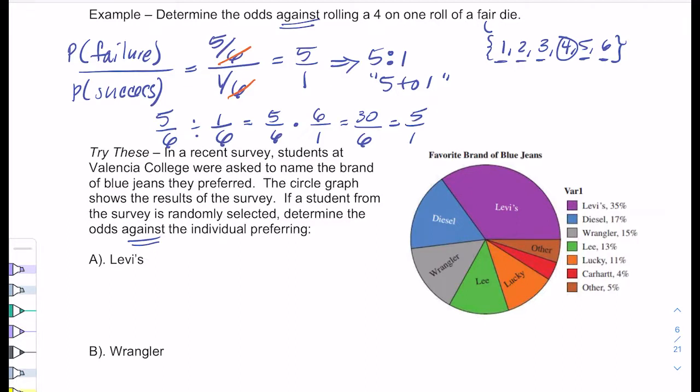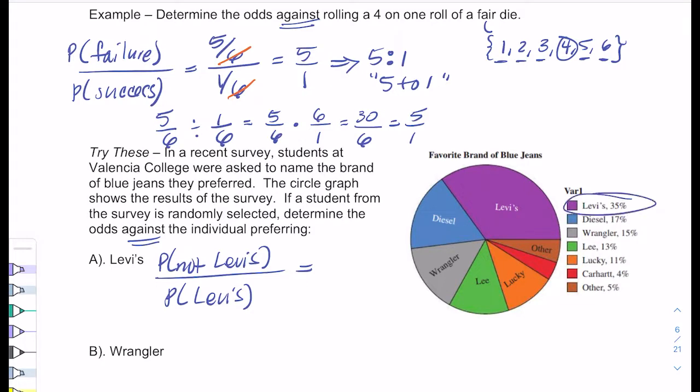Remember, I want the probability that it's not Levi's, that would be failure, over the probability that they do like Levi's. So I need to look at how many prefer Levi's. I only see 35%, and 35% just means 35 over 100. So my denominator is 35 over 100. What's the probability of not preferring Levi's?